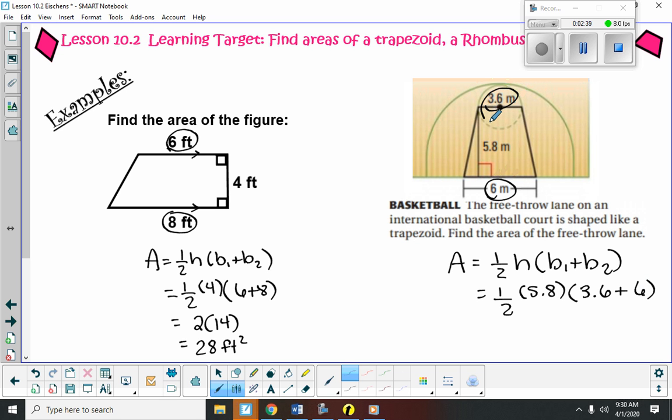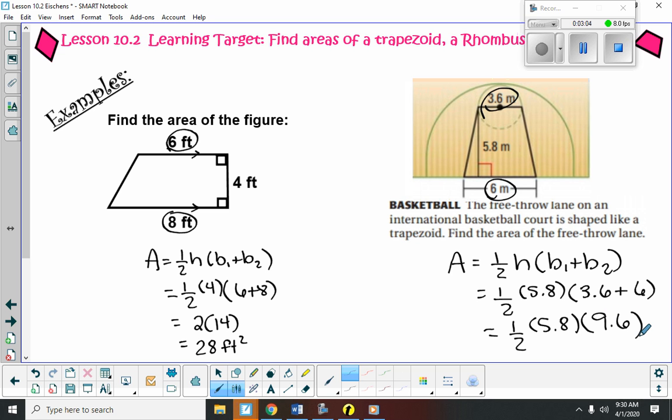So these are your bases. And now we'll put that in a calculator. My calculator disappeared. Here we go. And if you have a calculator that will do parentheses, use those parentheses. Otherwise, you need to simplify this sum first, because of PEMDAS, we have to do the parentheses first. So 3.6 plus 6 is 9.6.